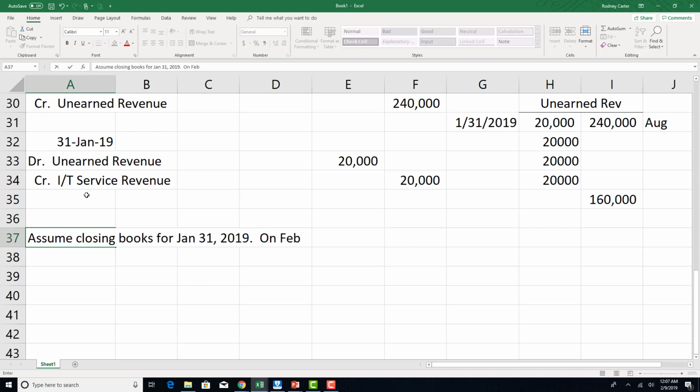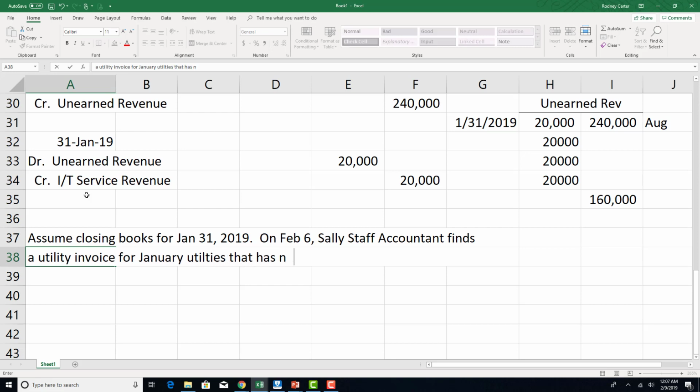On February 3rd or February 6th, Sally, staff accountant, finds a utility invoice for January utilities that has not yet been recorded in the accounting software. It's $500, or no, let's do $5,000. It's $5,000.